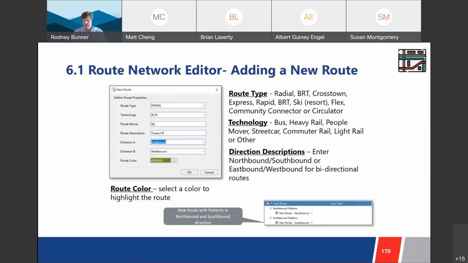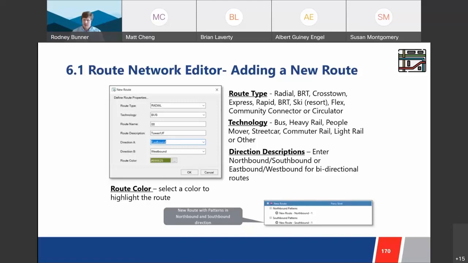You also have flex routes, which are more where you would be able to flag the bus down. So they're a fixed route, and it has stops, but you're also able to flag the bus down from the roadway. You have community connectors, which are more connecting rural areas into a larger town.